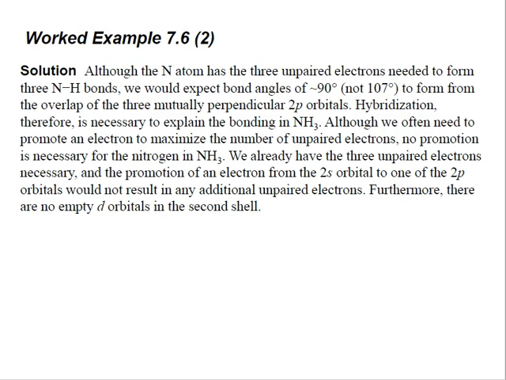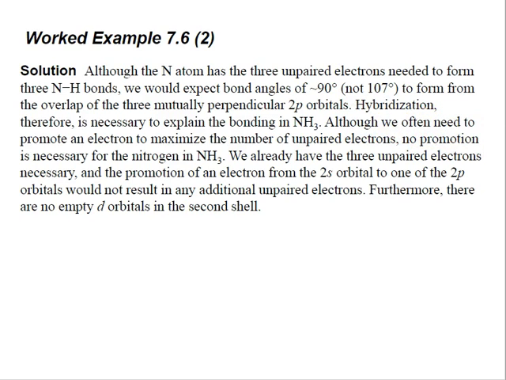Although the nitrogen atom has 3 unpaired electrons needed to form the 3 nitrogen-hydrogen bonds, we'd expect bond angles of 90 degrees, not 107, to form from the overlap of the 3 perpendicular 2p orbitals. However, hybridization changes the scenario, and that's necessary to explain our bonding.